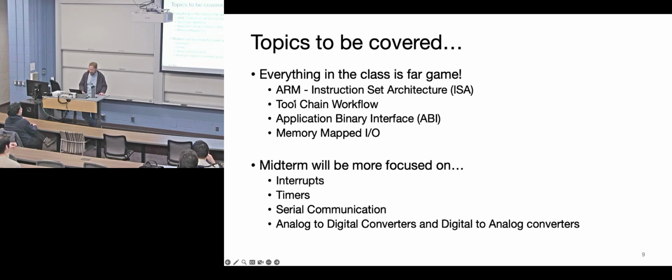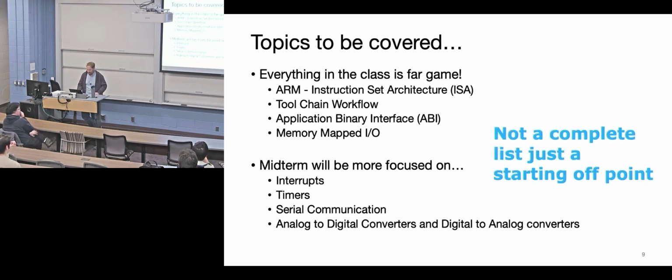I guess the tool chain's been under-focused this time, but that's fine. You should know general ARM instructions, in the sense that to answer some of the questions here about interrupts, timers, serial communication, and analog digital converters, you may need to draw upon some of that information, especially for the design problem. Okay? It's not a complete list, but it's a starting-off point.